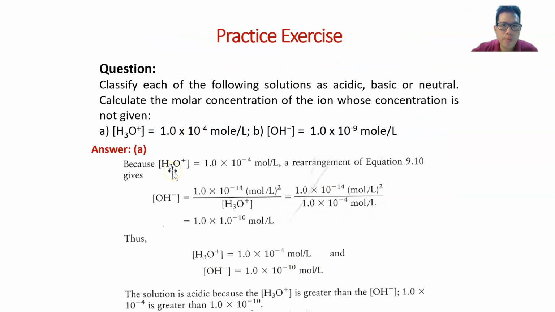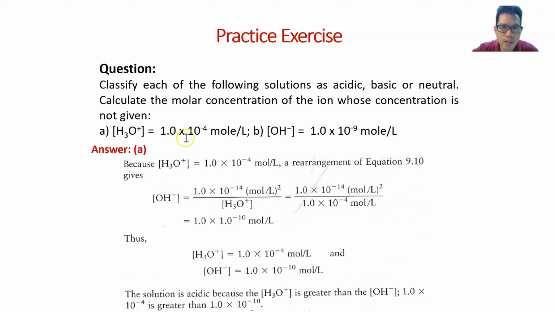Okay, let's practice this here. Classify each of the following solutions as acidic, basic, or neutral. Calculate the molar concentration of the ion whose concentration is not given here. So looking at this, the hydrogen ion of this is 1 times 10 to the negative 4. Let's calculate this one first. Is this solution acidic or basic?